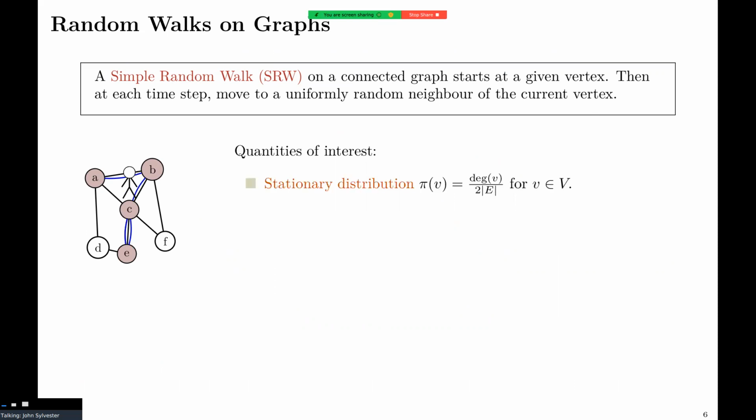One thing which is of key interest in the study of random walks is the stationary distribution and whether or not you converge to it. If you converge to the stationary distribution, then this says that on an unweighted graph, like in our setting, if you run the walk long enough and stop it at some time, the probability you're at vertex v is proportional to its degree.